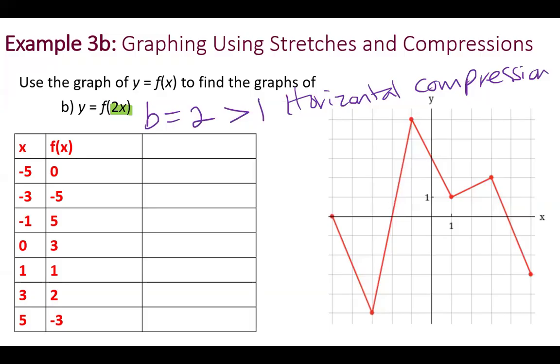Okay, because it's a horizontal compression, am I changing my x values or my y values? I'm changing my x. My y's are going to stay the same. How am I changing my x values? You multiply by the reciprocal.